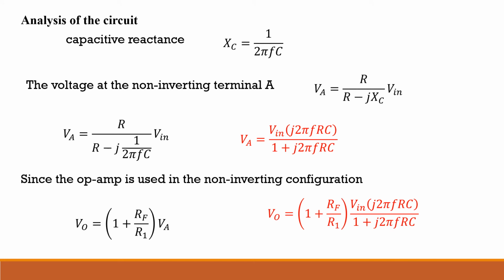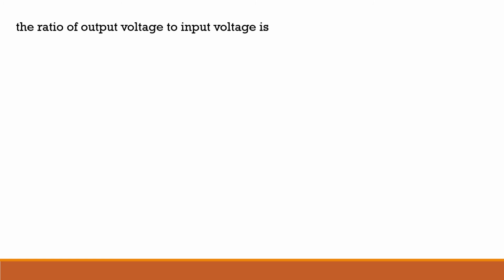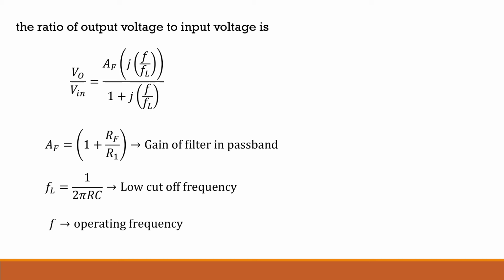Substituting the expression for Va, we get V0 equal to 1 plus Rf by R1 times Vin into j 2 pi f R C divided by 1 plus j 2 pi f R C. The ratio of output voltage to input voltage, the gain of the filter, V0 by Vin, will be equal to AF times j f by fL divided by 1 plus j f over fL, where AF is the gain of the filter in the passband, fL is the lower cutoff frequency, equal to 1 over 2 pi R C, and f is the operating frequency.